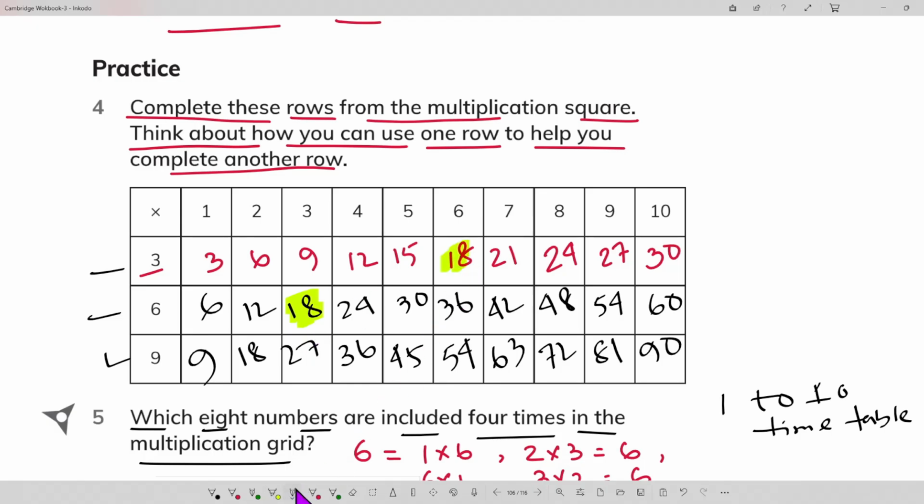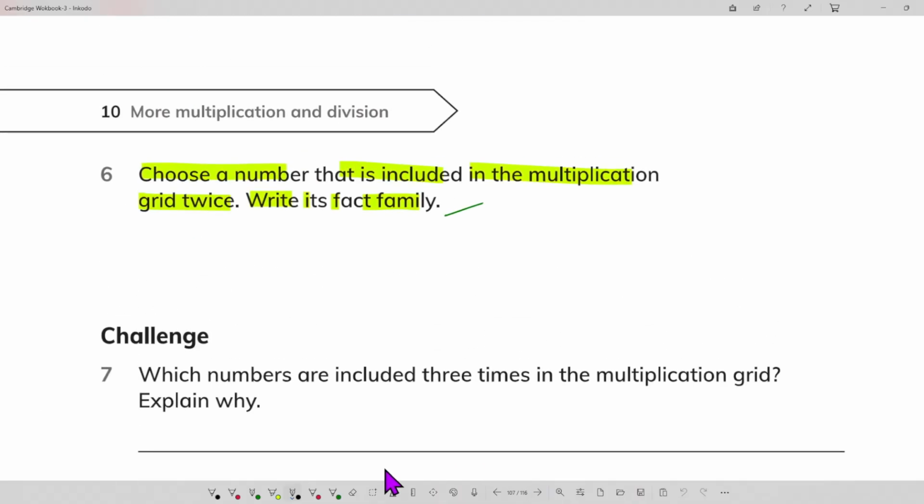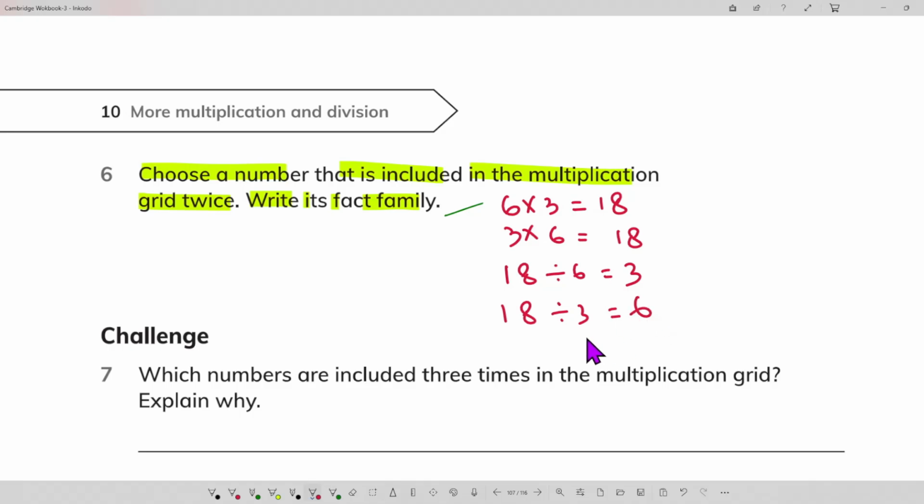It comes twice. How? Because if you use the 3 times table, 3 times 6 is 18, and if you use the 6 times table, 6 times 3 is also 18. So you can make the fact family: 6 times 3 equals 18, and 3 times 6 equals 18. And if you want, you can write 18 divided by 6 is 3, and 18 divided by 3 is 6. It's a very simple thing.